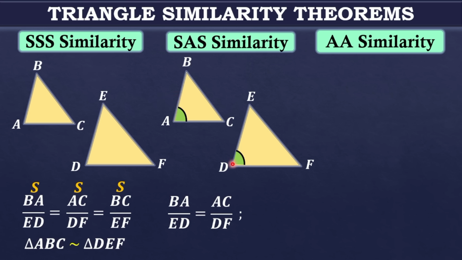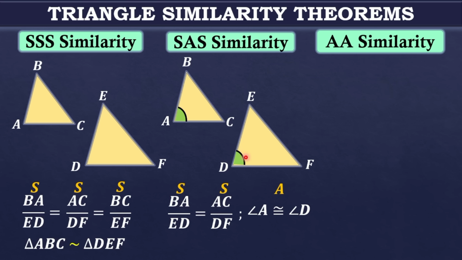Also, yung ED natin at DF are the sides of this angle. So, tatandaan po na yung angle po natin, which is angle A, is congruent to angle D. So, meron tayo ditong dalawang sides at isang angle. Tatandaan na yung angle po natin dapat included.